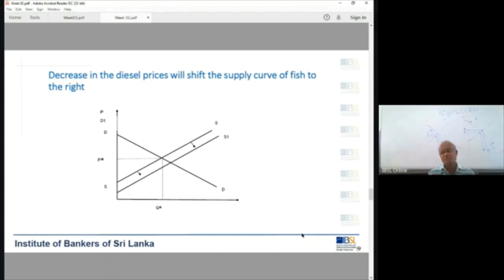Now the government is distributing this money among these affected fishermen. So when fishing nets are destroyed, you can't go to fish. Supply decreases. Supply decrease means the supply curve SS shifts to the left. Now the decrease in diesel price makes the supply curve shift to the right.